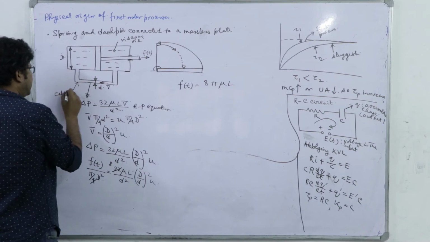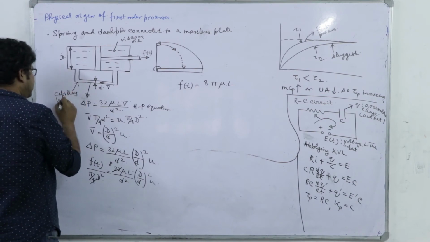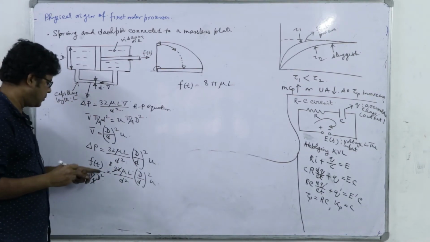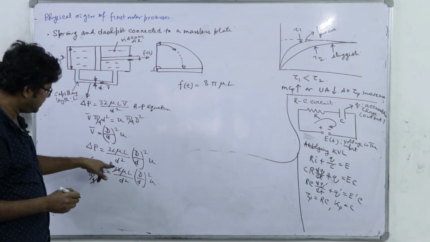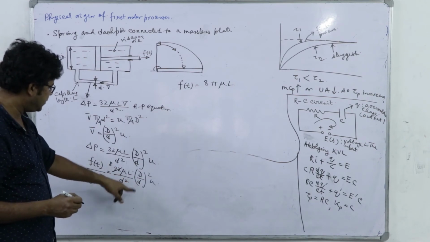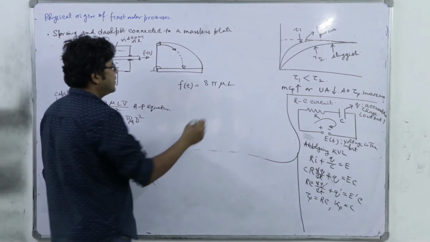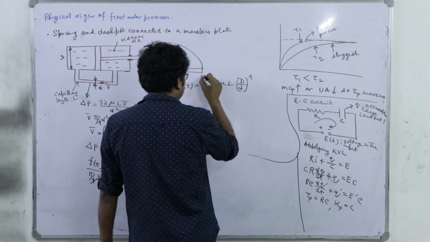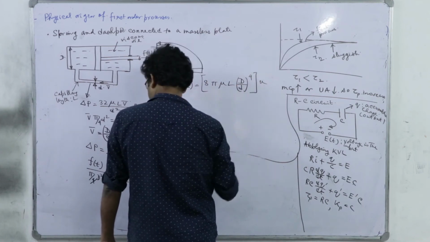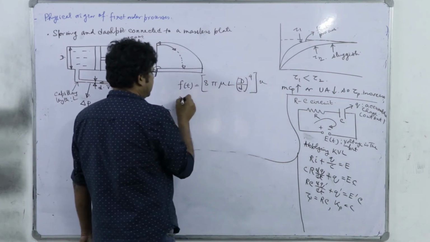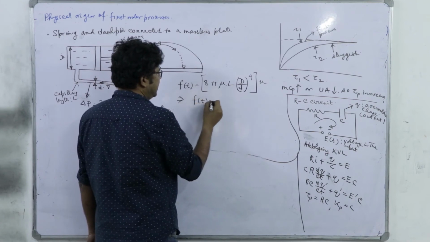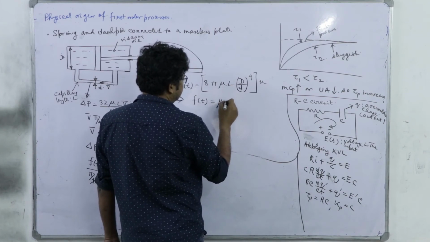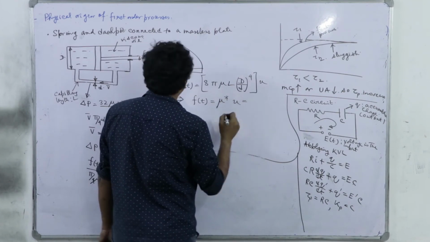So after cancelling 32, 8 pi mu L, and here d to the power 4 and here capital D, so capital D divided by small d whole to the power 4 whole bracket into U. So we call it Ft is equal to some mu star into U, and U is what?